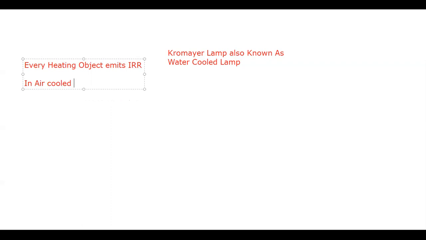As I said in my previous lecture, every heating object emits IR, infrared. Similarly, in air-cooled lamps, also known as sun alpine lamps, we had production of UVR plus IRR plus visible light.